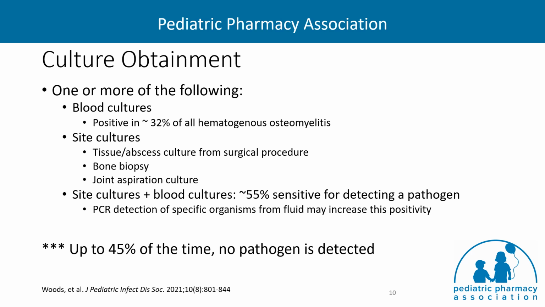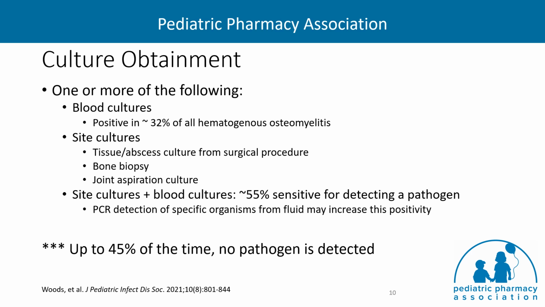Now, since this is an infectious disease, it's always important to talk about cultures. In osteo or septic arthritis, you're typically going to get blood cultures, which even in hematogenous osteomyelitis are only positive about 32% of the time. Other times you're going to get site cultures.